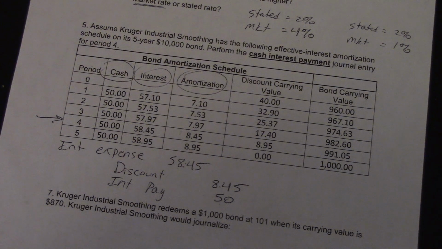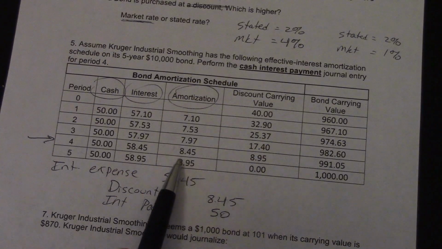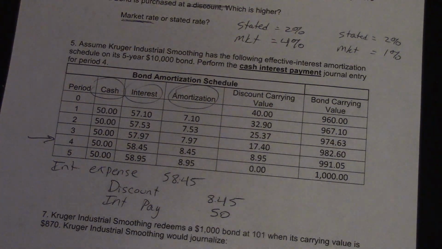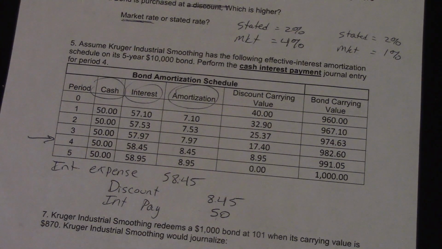So, since we're talking about an amortization table here, why don't we create an amortization table for the previous two problems? Looking at the first problem, we've got a premium bond.